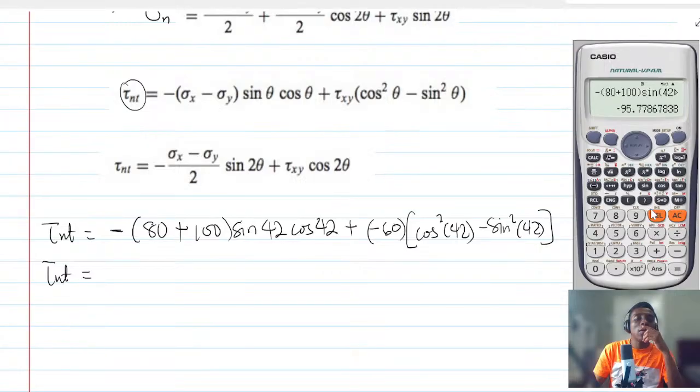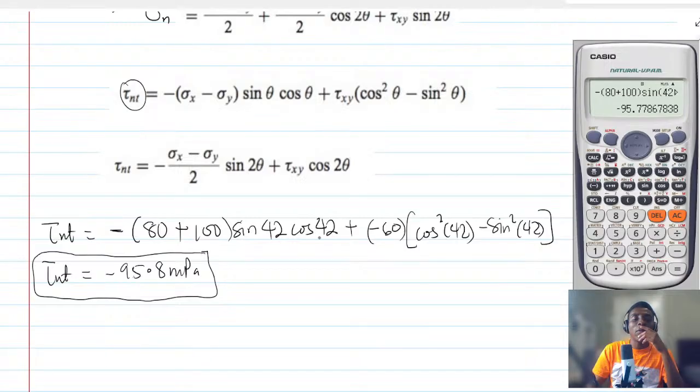Yeah, so it's minus 95.8 megapascal. So this is the correct answer.